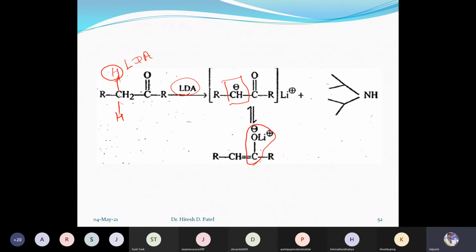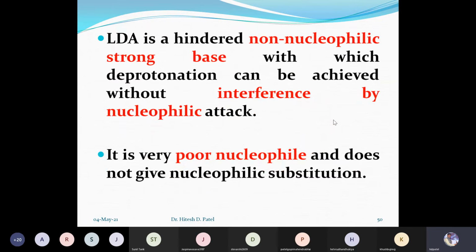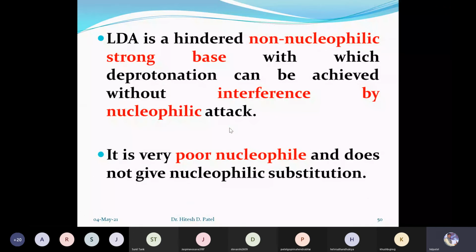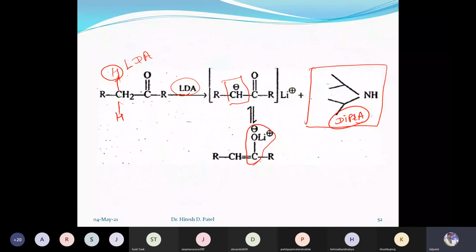Second thing, during the reaction, what will be eliminated? Here you can see, finally, elimination of diisopropylamine. Now this diisopropylamine is known as what? It is known as the starting material for the preparation of LDA. So whatever amount of LDA we are using, the whole LDA will be used by the reaction and it will give you diisopropylamine.